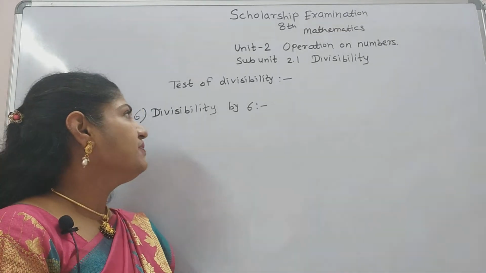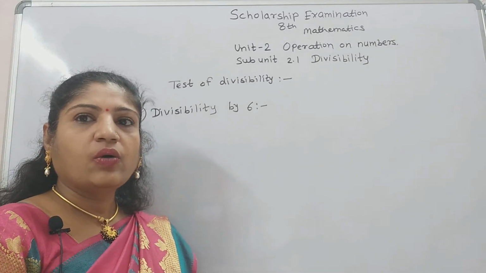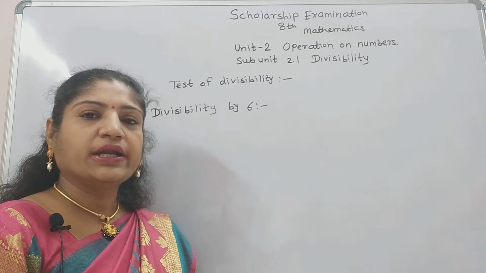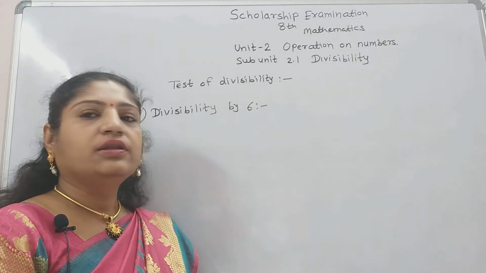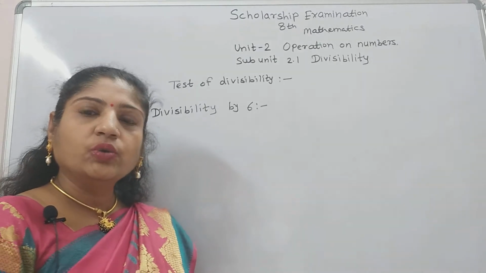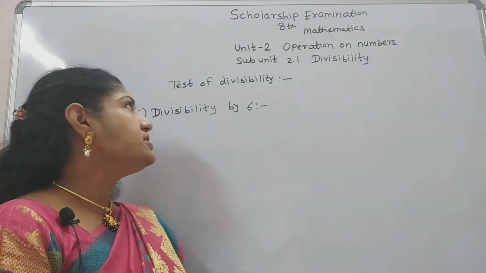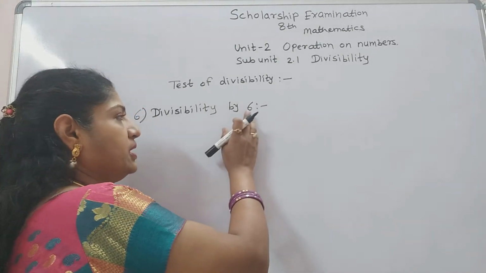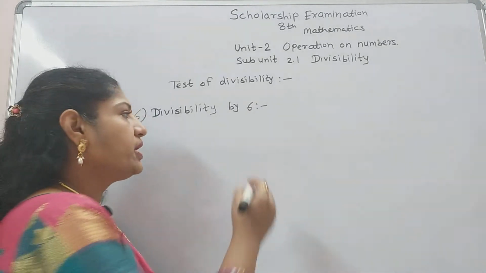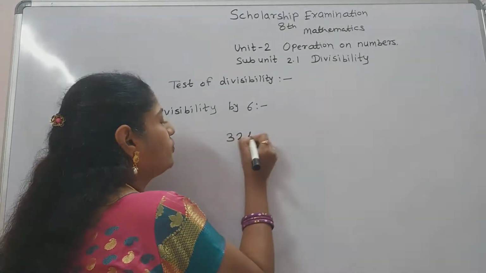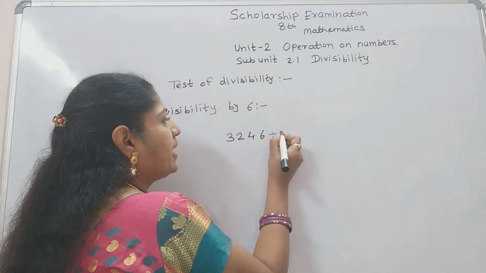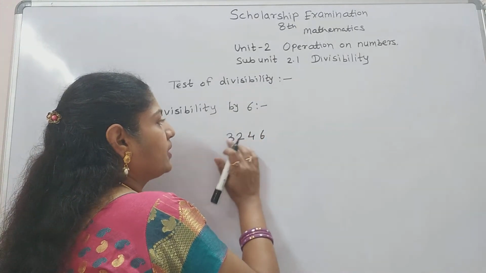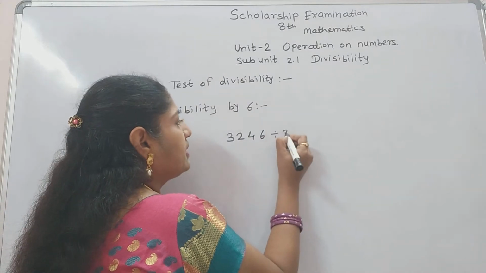Next test is divisibility by 6. Now, we learned the divisibility tests for 2 and 3. When the number is divisible by 2 and 3, then we say that this number is divisible by 6. For example, 3246 is divisible by 2 and also divisible by 3.